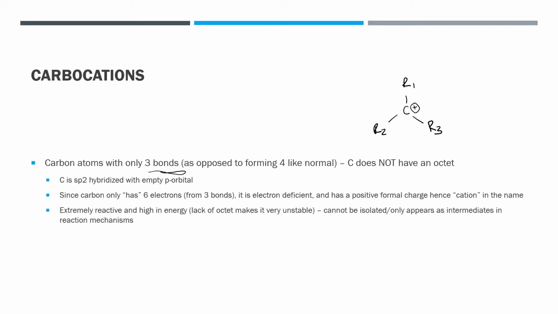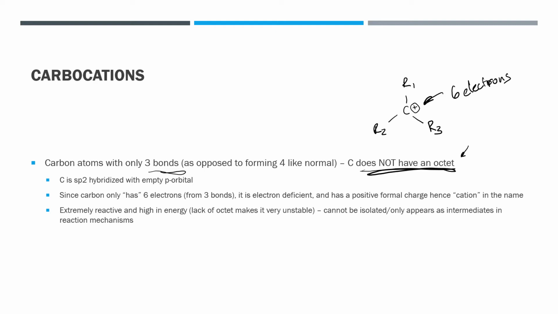That gives it its happy octet and a formal charge of 0. But with a carbocation, you only have 3 bonds. So now the carbon does not have an octet. This carbon only has 6 electrons, because we have 2 from each bond.